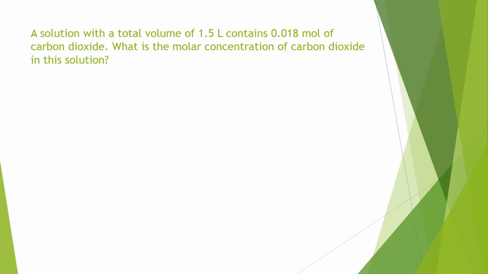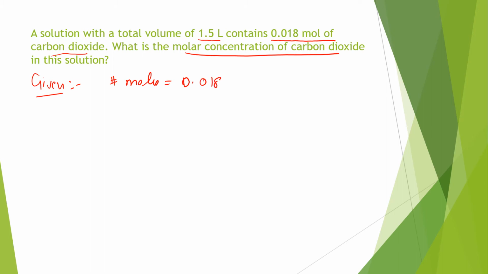In this example, we need to calculate the molar concentration of carbon dioxide, in which 0.018 moles of carbon dioxide are dissolved to make 1.5 liters of solution. So given is the number of moles, 0.018 moles.